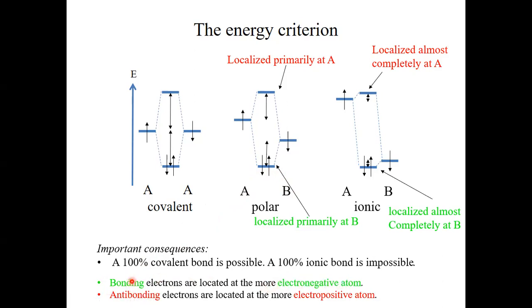However, if they are antibonding electrons, then they are located at the electropositive atom. For instance, if we had in this case not two electrons but three, the third one would need to go into the antibonding molecular orbital, and that electron would then be localized almost exclusively at A.